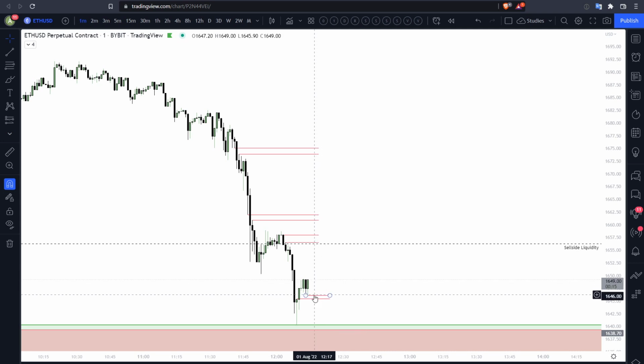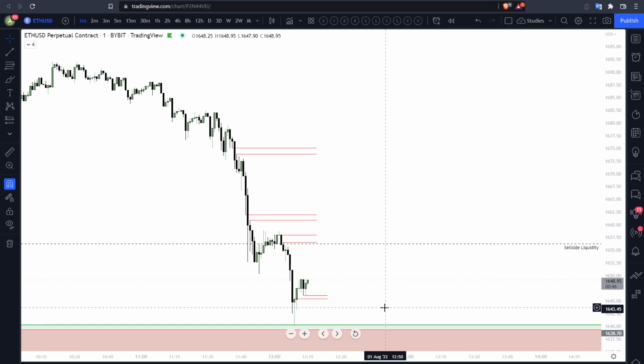If we are closing this gap without creating a higher high, then I would say there is no trade setup. If we break out now and then return into this gap, this is our trade setup. This is our long entry.